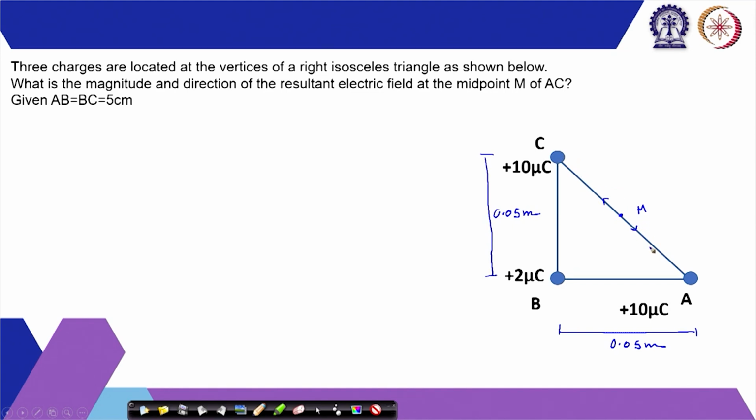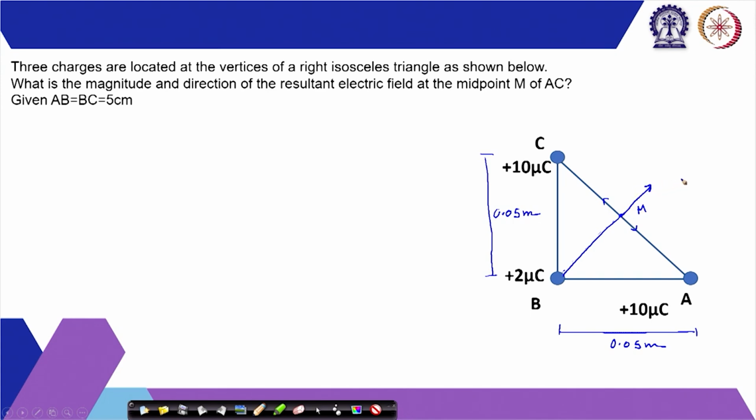So, they will cancel each other. So, the net result of C and A at M is 0. So, the only thing that would contribute is our charge at point B, and that would be directed towards this direction. So, if I join B and M, and extend it, that extended line is our direction of electric field.